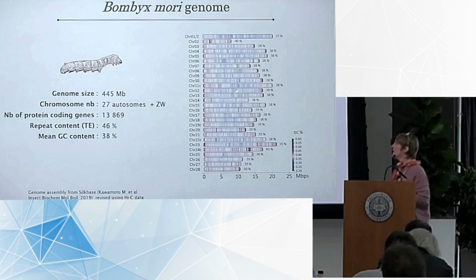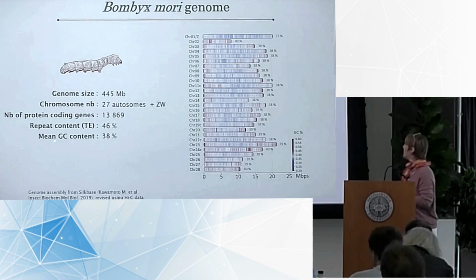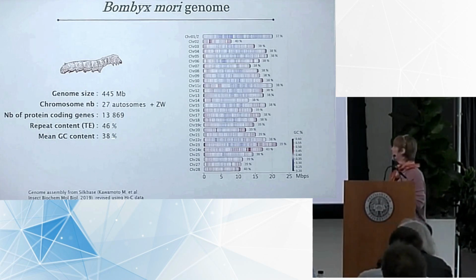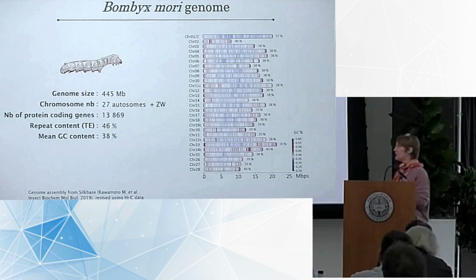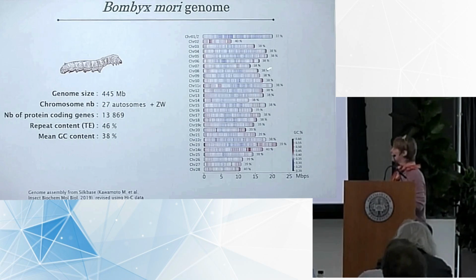This genome is really poor in other types of repeats like satellites, except for the telomeric repeats. Finally, the mean GC content is approximately 38%, but this hides some heterogeneity between chromosomes, and even more specifically within each chromosome, where the large subtelomeric regions tend to be higher in GC than the chromosome centers.